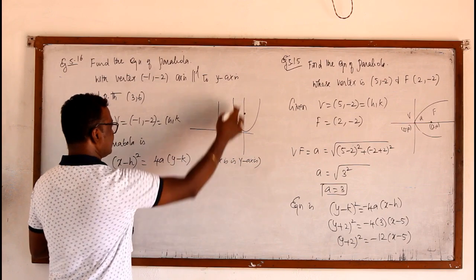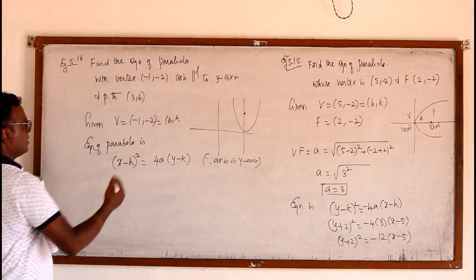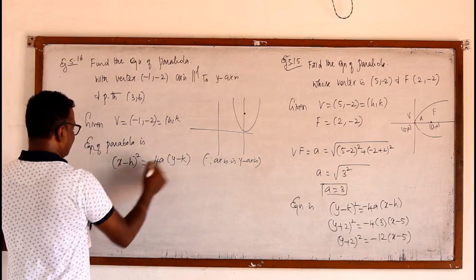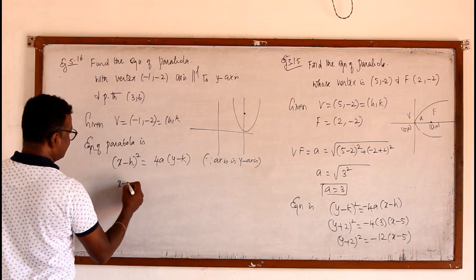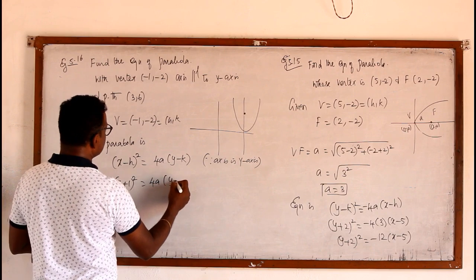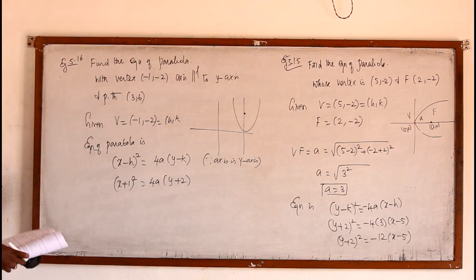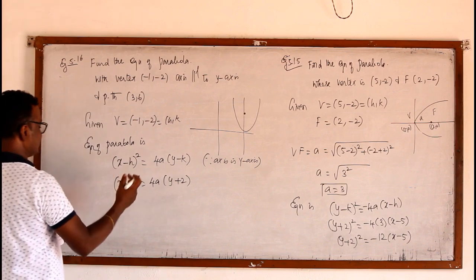Y axis means curve is symmetric about y axis means equation will start with x. Now I can substitute for h and k: (x plus 1) the whole square equal to 4a into (y plus 2). Whether it is plus 4a or minus 4a, that will be decided by the curve itself.